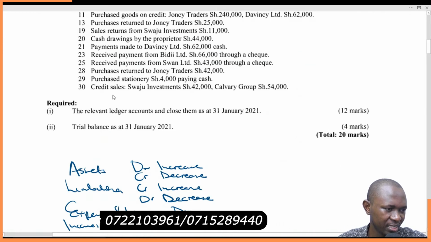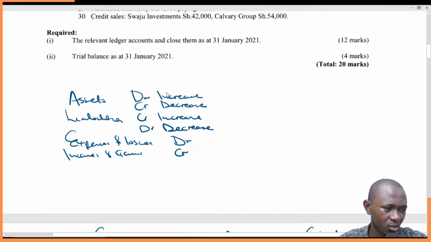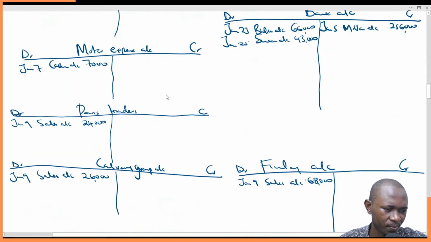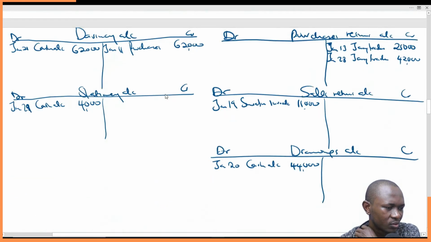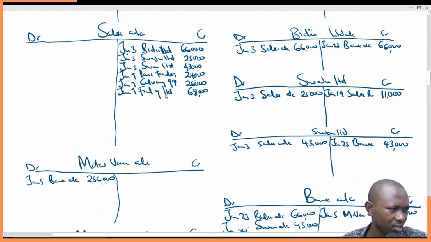Okay, so we proceed. 30th, credit sales: Swaju Investments 42,000, then Calvary Group 54,000. So sales to Swaju Investments 42,000.